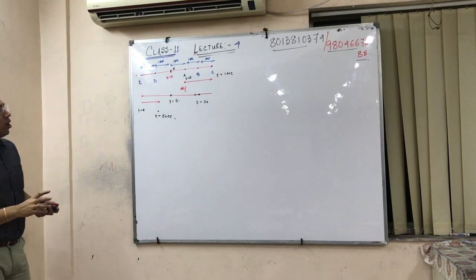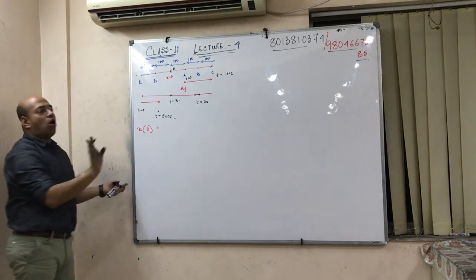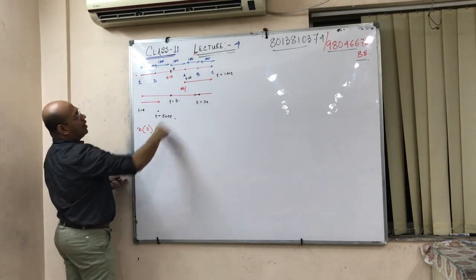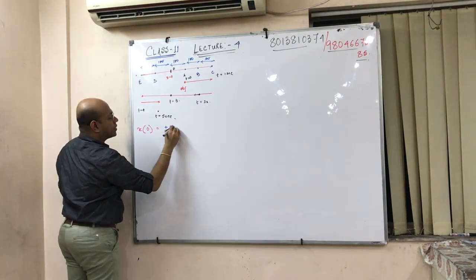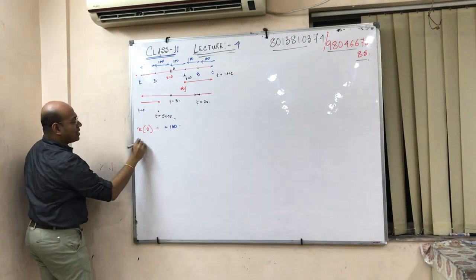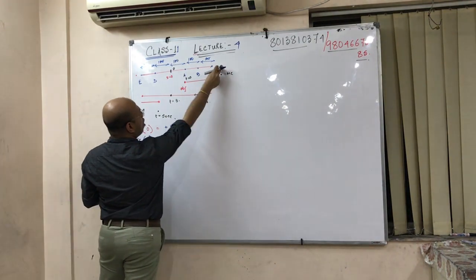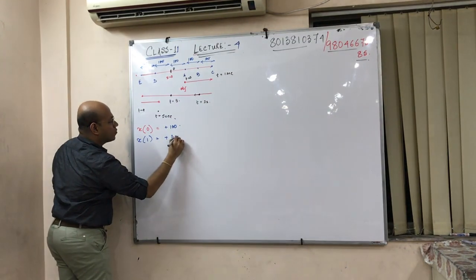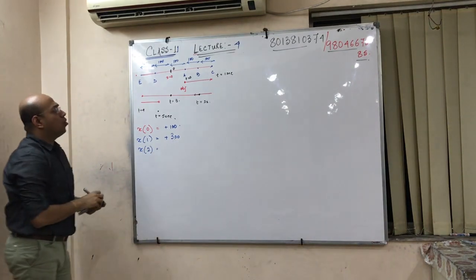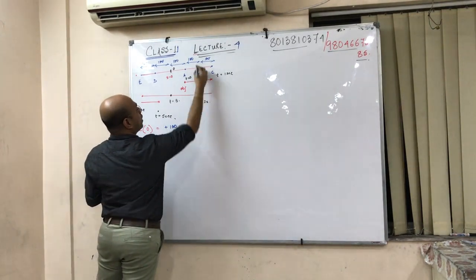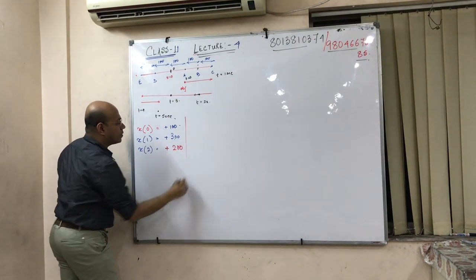Okay, check it out. First, x0 means the position of the object at time equal to 0. It was over here, and it is plus 100. x at t equals to 1, from this position, is plus 300. x at t equals to 2 is plus 200.